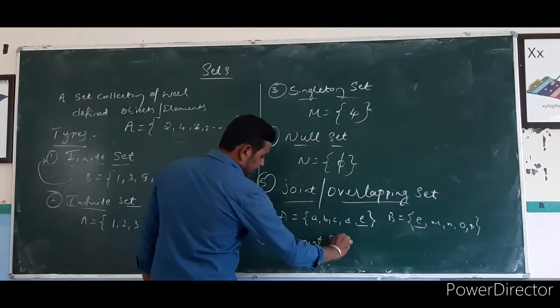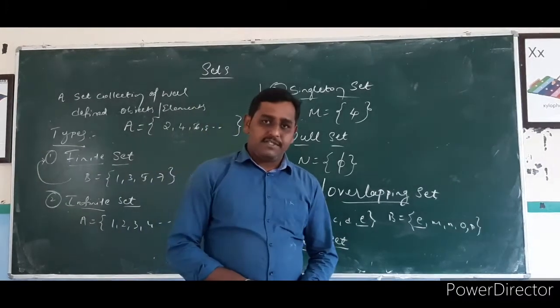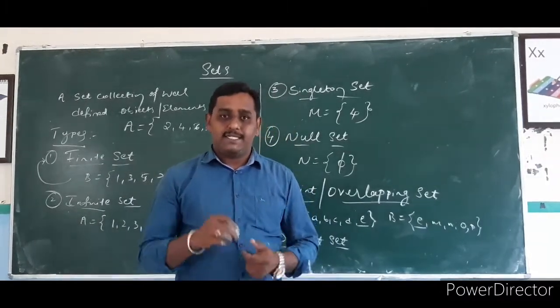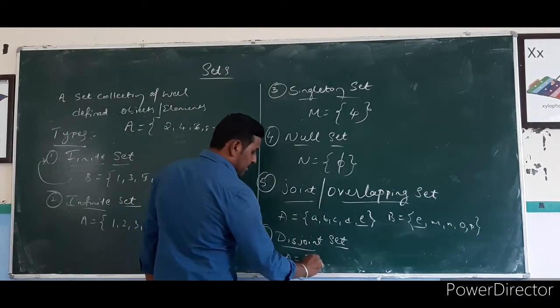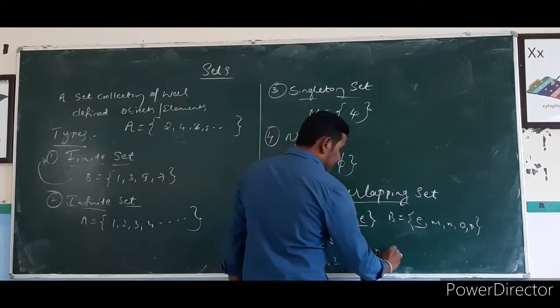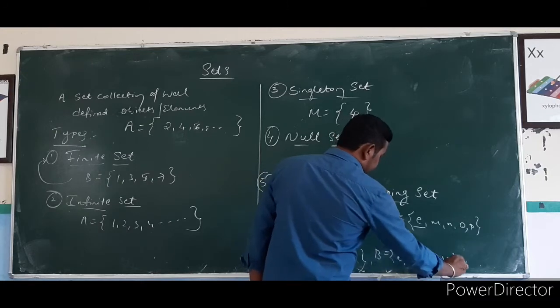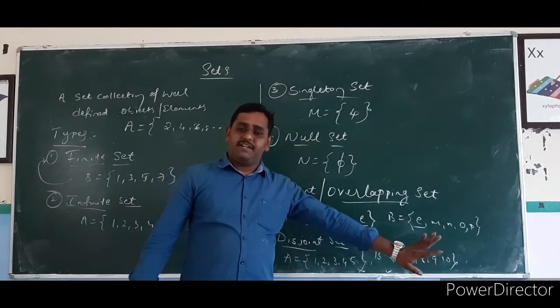Next one is disjoint set. Disjoint set means there is no common element between any two sets. Suppose I am taking A as 1, 2, 3, 4, 5 and B as 6, 7, 8, 9, 10.